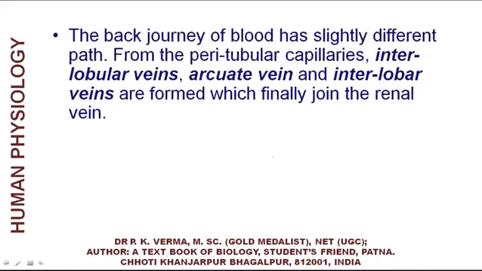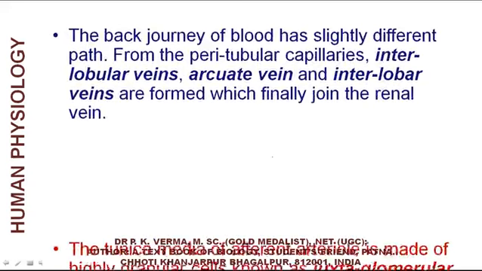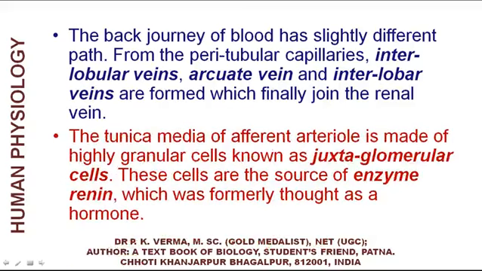The back journey of blood has a slightly different path from the peritubular capillaries. Interlobular veins, arcuate veins, interlobar veins are formed that finally join the renal vein. The tunica media of the afferent arteriole is made of highly granular cells known as juxtaglomerular cells. These are very important physiologically.